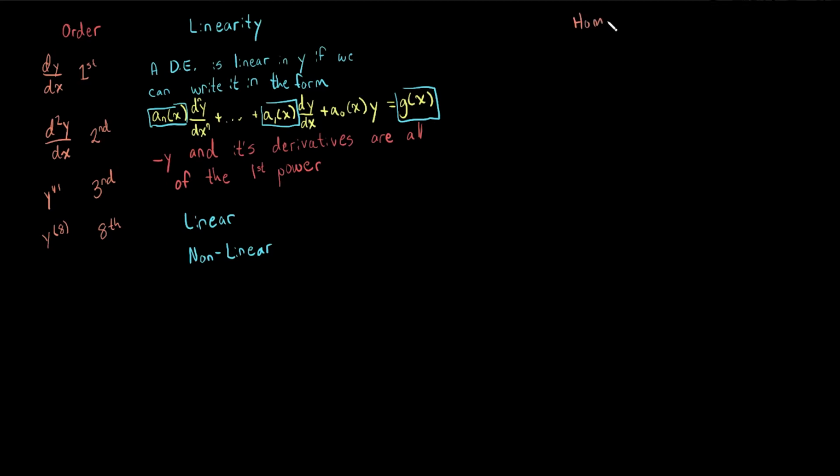We're going to go over homogeneity. So this refers to whether or not a differential equation is either homogeneous, and based off of our previous examples, I bet you can guess the other classification, non-homogeneous.